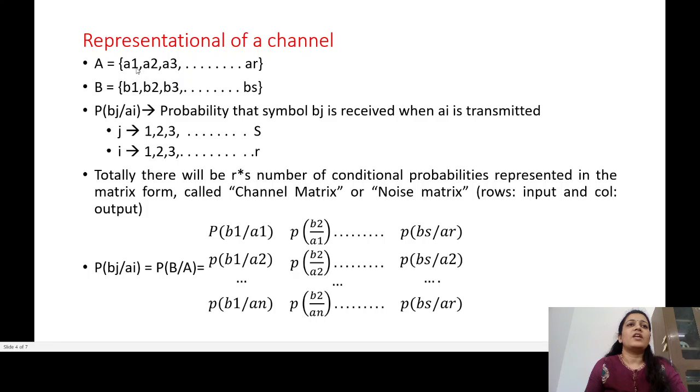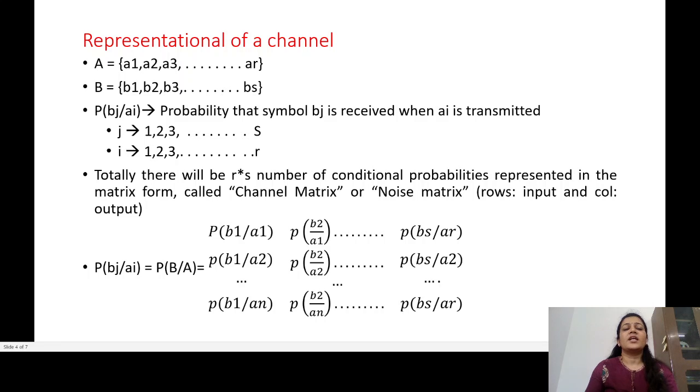Therefore I value varies between 1 to R. So transition probability can be B1 by A1, B2 by A1, B3 by A1, or it can take any combination of J and I, and they are called the transition probabilities.